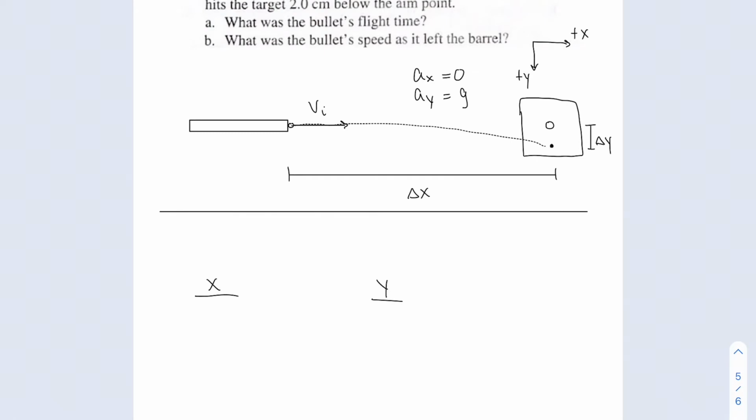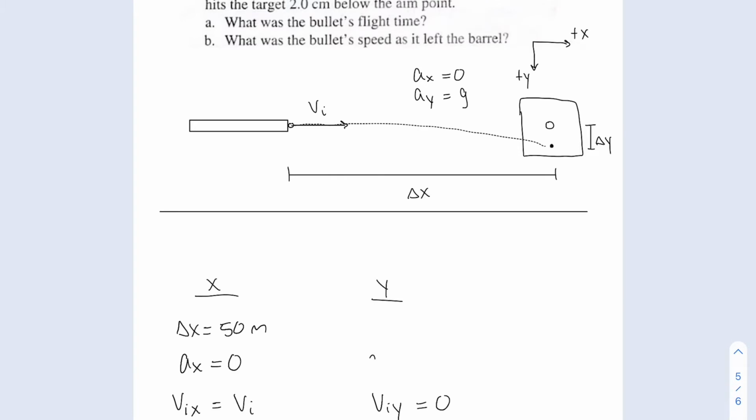So in the x direction, we have delta x is equal to 50 meters. We have acceleration in the x direction is 0. We have v initial in the x is equal to v initial, which is equal to, well, we don't know that, but we do know that the horizontal velocity is the initial velocity, which means that the initial velocity in the y direction must be 0.